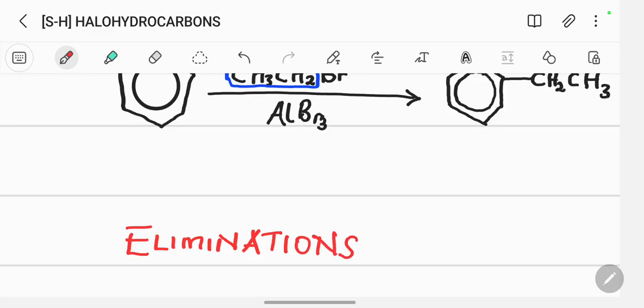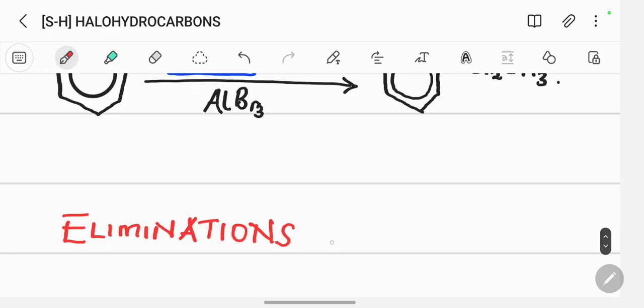And under this, I'm having E1 or elimination unimolecular and E2 elimination bimolecular.